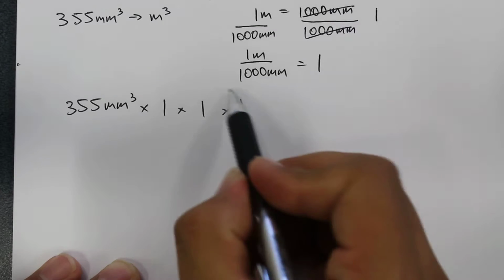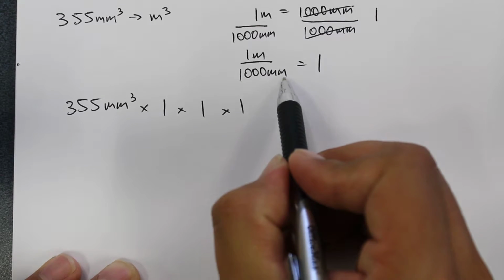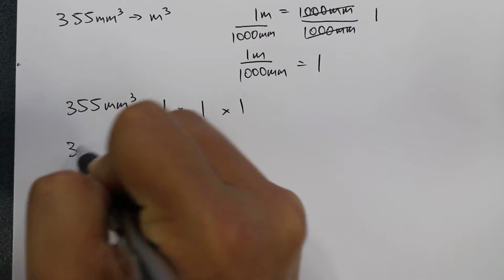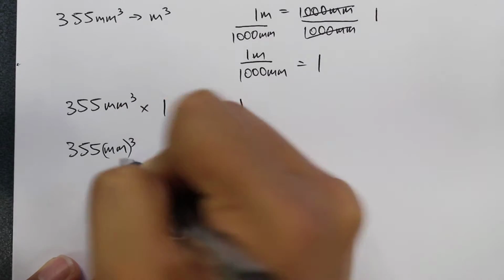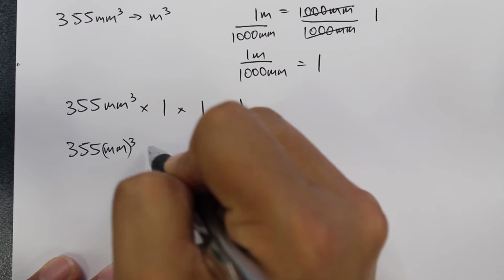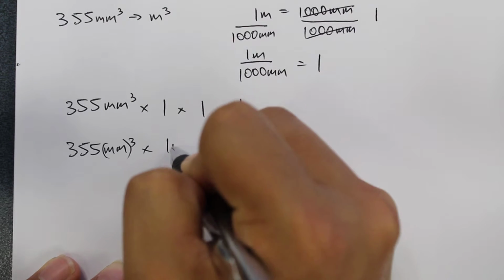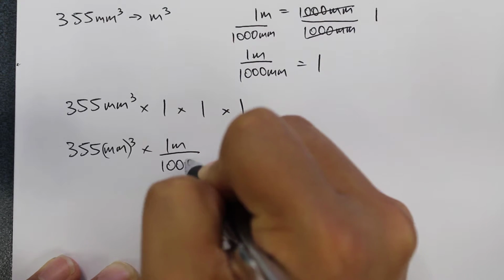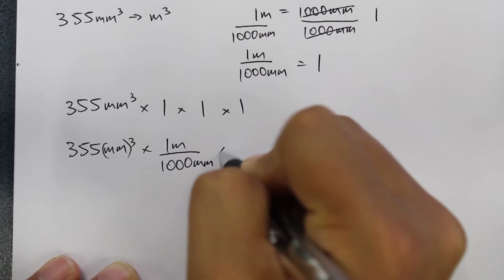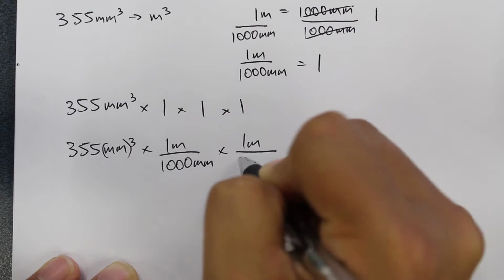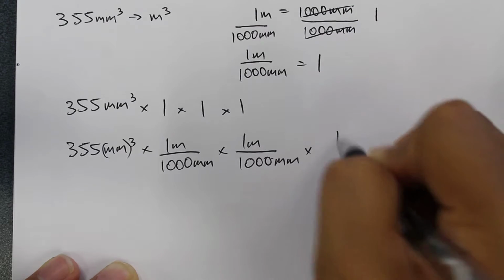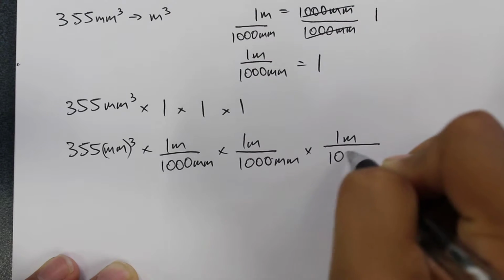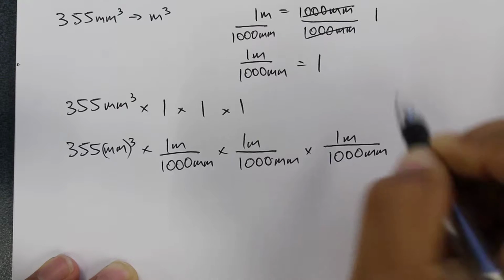Each time 1 is equal to 1 meter divided by 1,000 millimeters. So this is times 1 meter divided by 1,000 millimeters times 1 meter divided by 1,000 millimeters, and then times 1 meter divided by 1,000 millimeters.